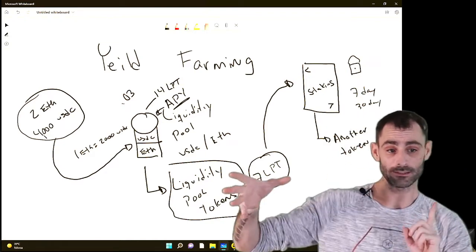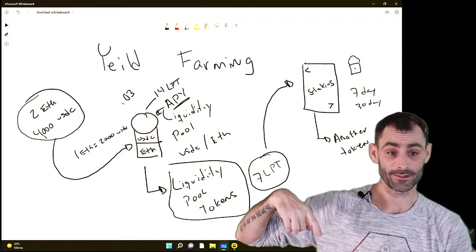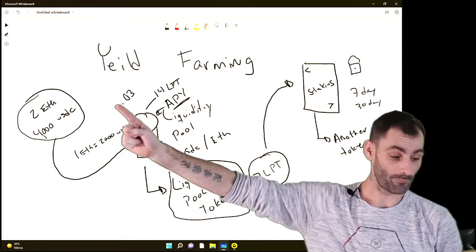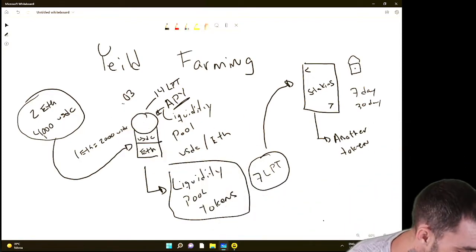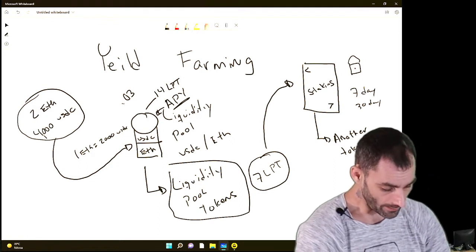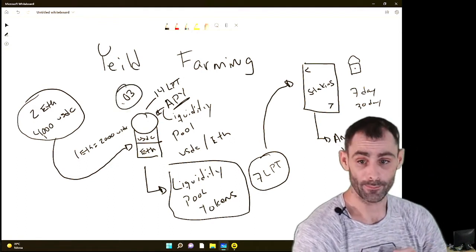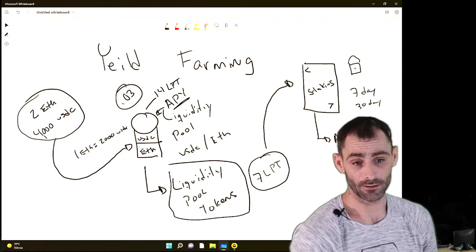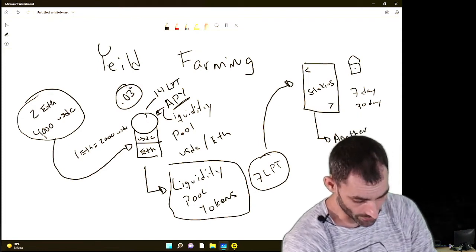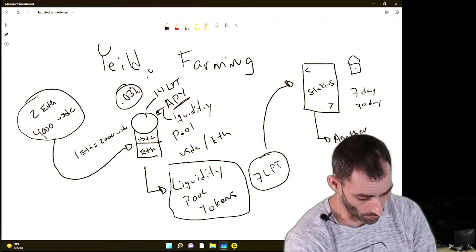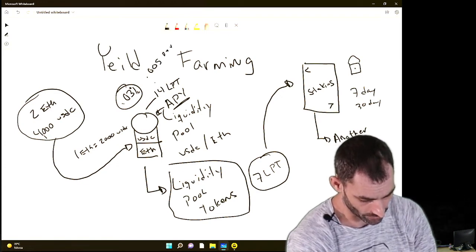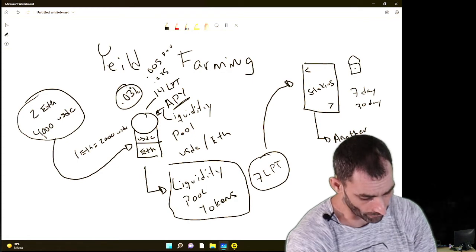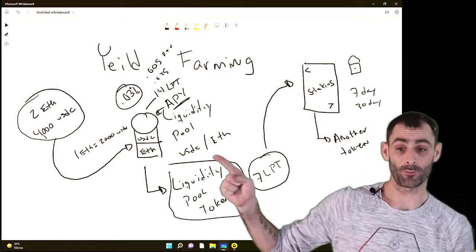So the decentralized exchanges are making a percentage of this. In these liquidity pools, there's typically a 0.3% fee, and typically 0.05% of that goes to the DEX, the decentralized exchange, and 0.025% of that goes to the people providing liquidity.